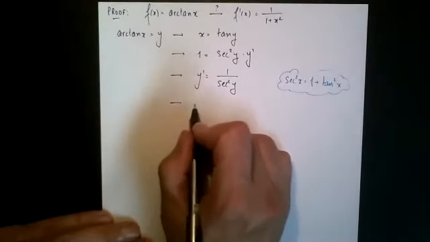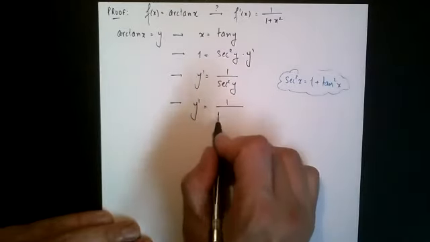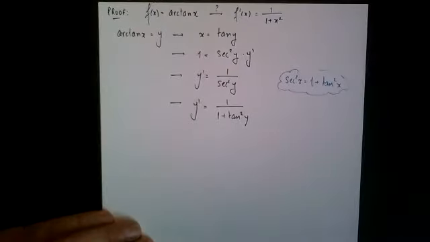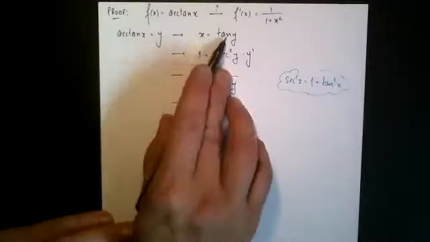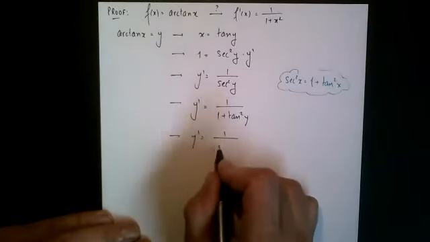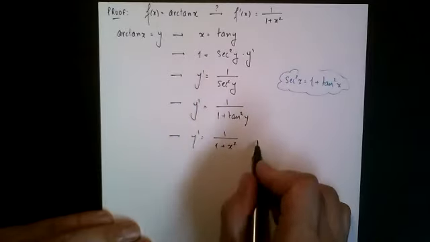And so here, that means y prime is 1 over the secant squared, which is 1 plus tangent squared. And tangent y is equal to x, so this will be 1 over 1 plus x squared. That's it, done. Okay, it's not difficult.